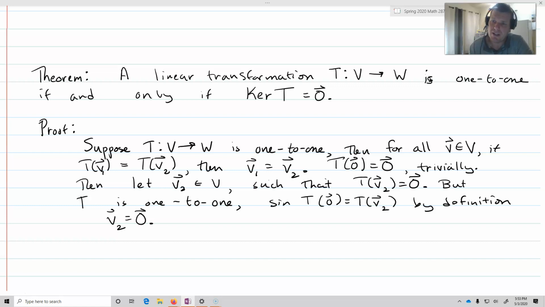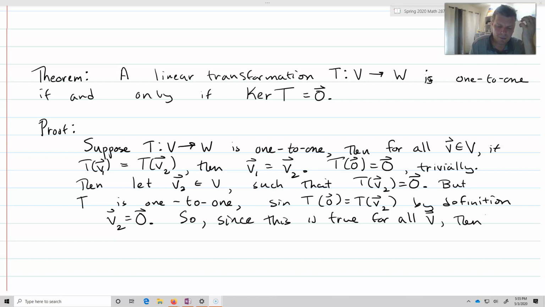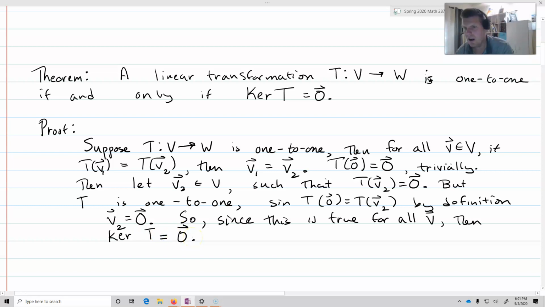But since T is one-to-one, that means v2 equals 0. Since this is true for all v, the kernel of T ends up equaling just the 0 vector.